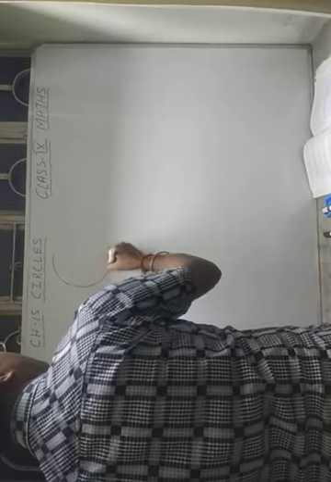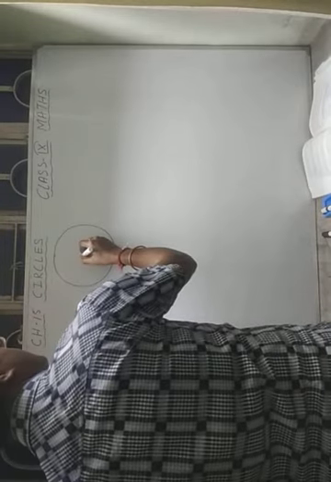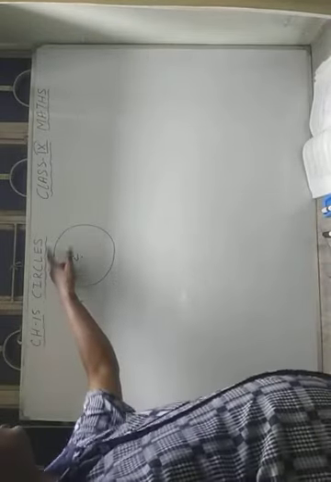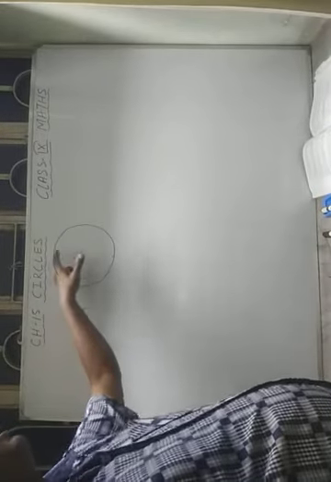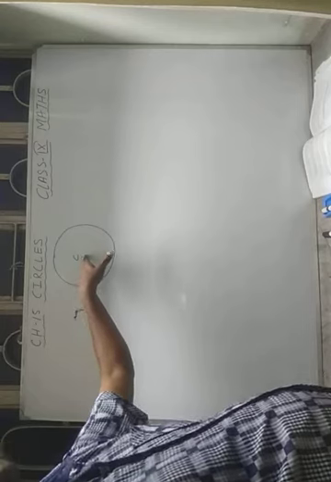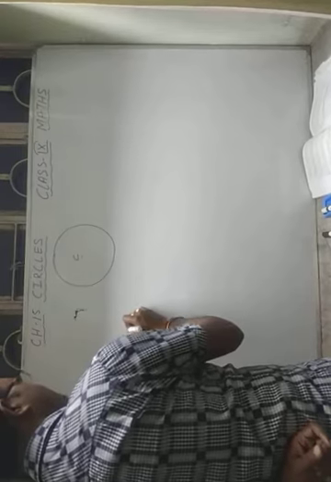So if I draw a circle like this, this is the center, we call it C, suppose, and all the points lying on the circumference of this circle are equidistant from the fixed point that is called the center.